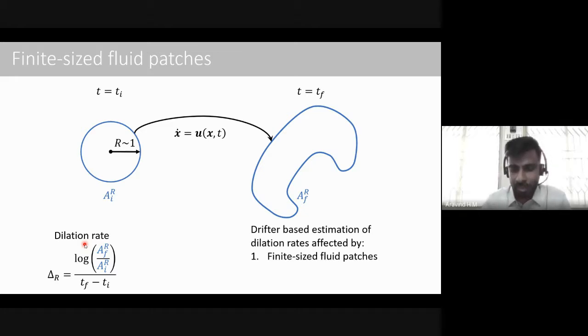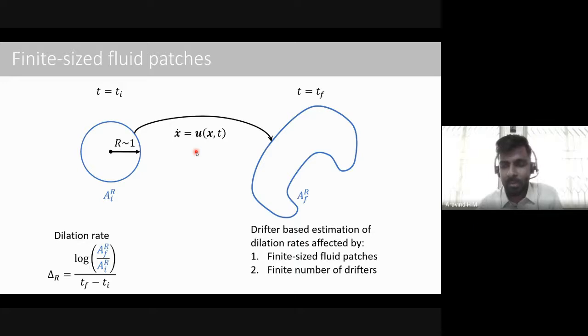The other sources of error come from the finiteness in the number of drifters available when we go out for a field experiment. So essentially, if we want to track the evolution of a fluid patch precisely, we'll need an infinite number of drifters populating the entire boundary of the fluid patch, which is never going to happen because even if we deploy a large number of drifters, all of those drifters combined is just going to give us one single dilation rate value.